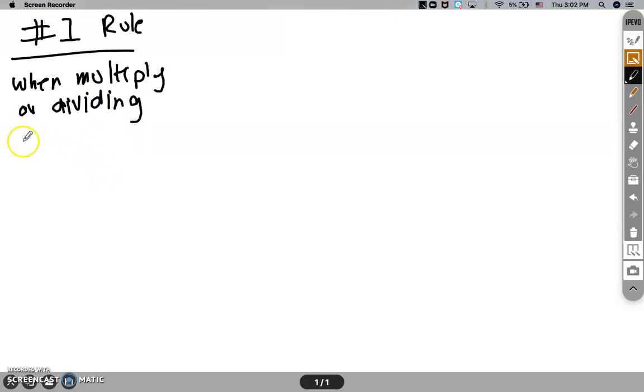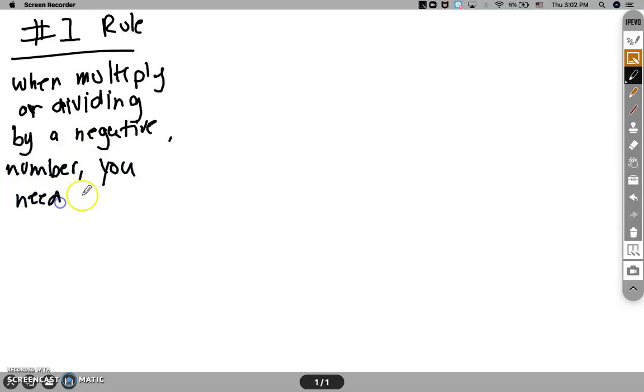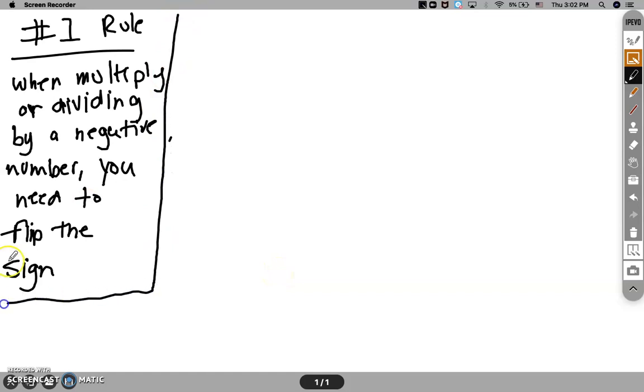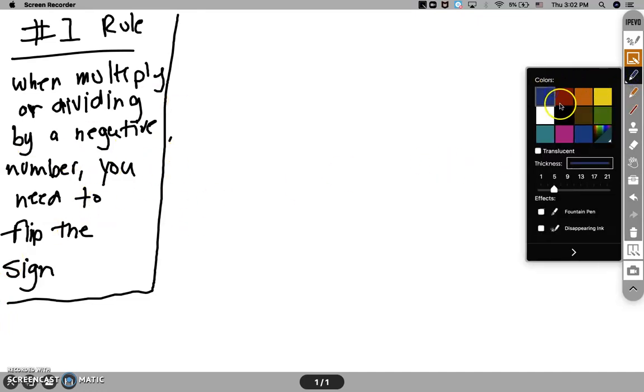When multiplying or dividing by a negative number, you need to flip the sign. I showed you an example of what I mean by that. So with this rule in mind, and now that we know how to solve equations, you just need to solve it the same way you solve equations, but also keeping this rule in mind. So let's do an example.